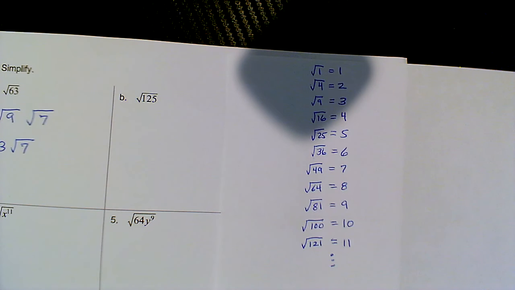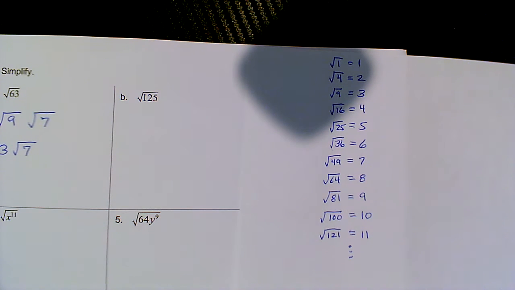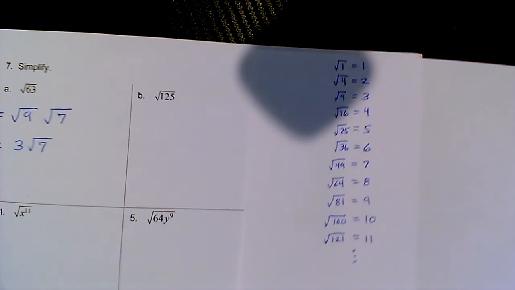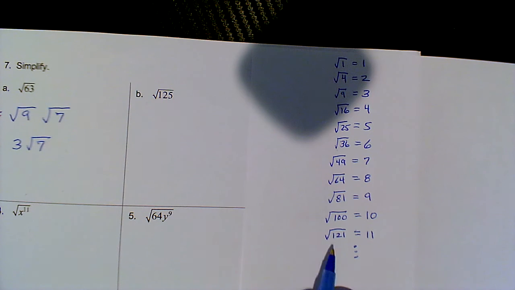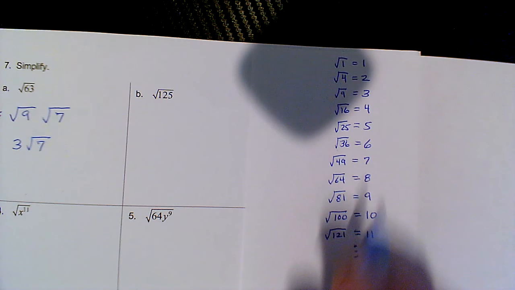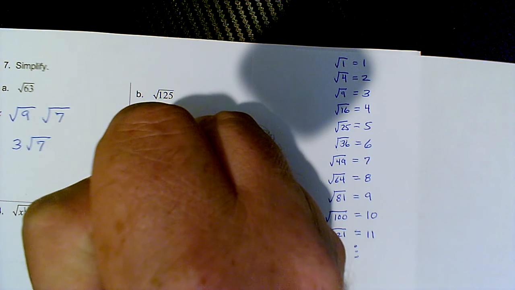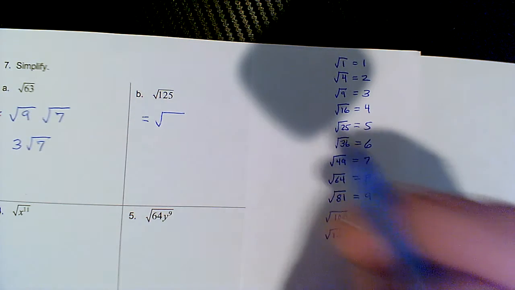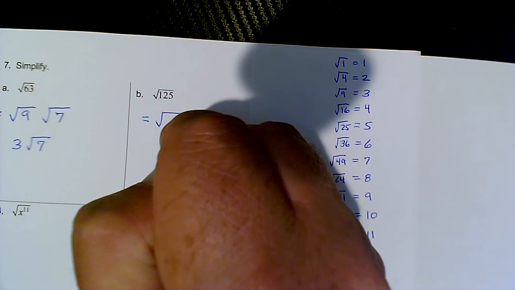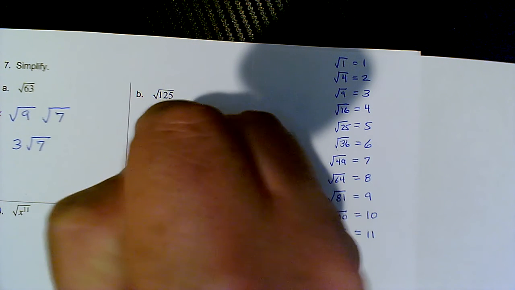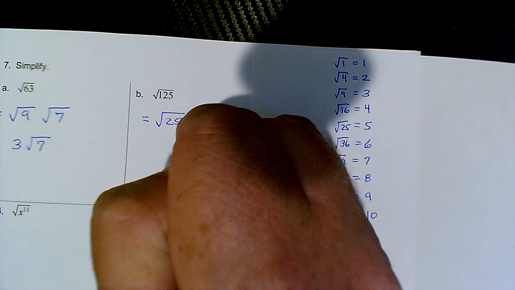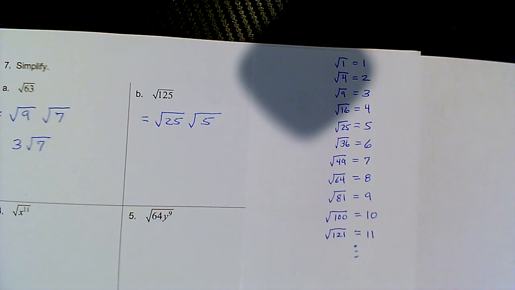So we'll break it down into two square roots. 25, and divide the 125 into 5 times the leftover. And then the square root of 25 comes out of the radical as 5, and the leftover is the square root of 5.